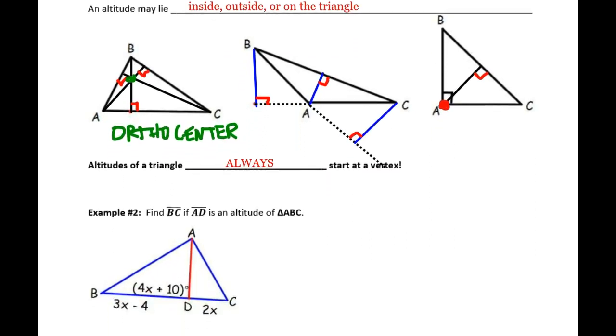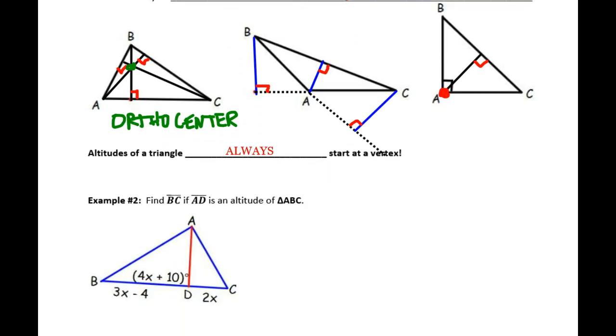All right, let's do another example with altitudes this time. And then I have some mid-segment problems for you to practice. So the question is, find BC if AD is an altitude of triangle ABC.